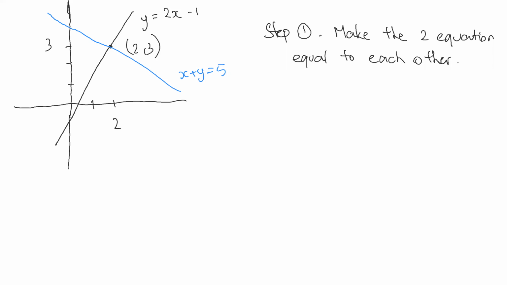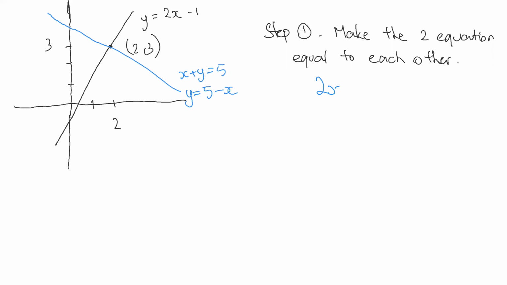But we can rearrange this equation to y equals. The only thing we have to do is move that x to the other side. So I can rewrite this equation as y is equal to 5 minus x. I'm rearranging it in the form of y is equal to. So now I can make these two equations equal to each other.